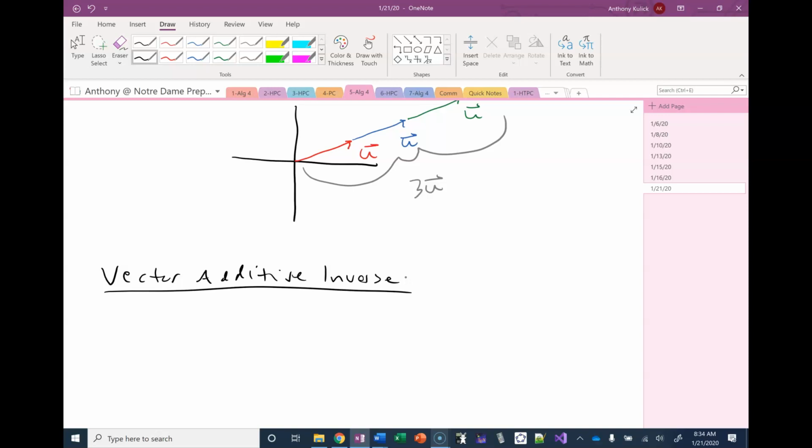So what do we mean by an additive inverse? We want the number that we add to it to get back the 0. So for 5, the additive inverse is -5. So if I have the vector 3, 4, what's going to be the additive inverse of the vector 3, 4? -3, -4. Because when I add the vectors, I add them component-wise, right?